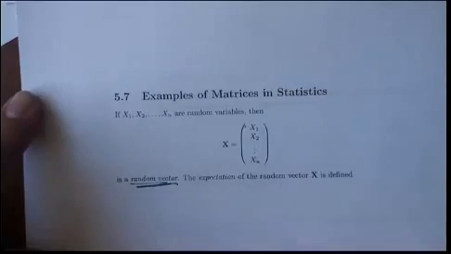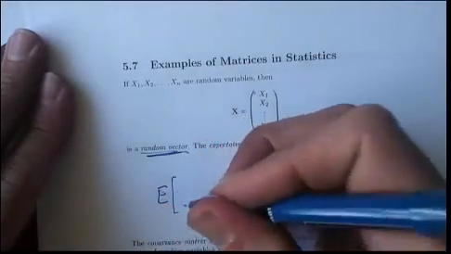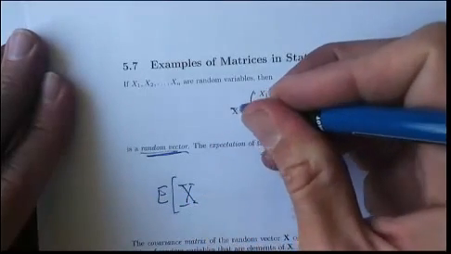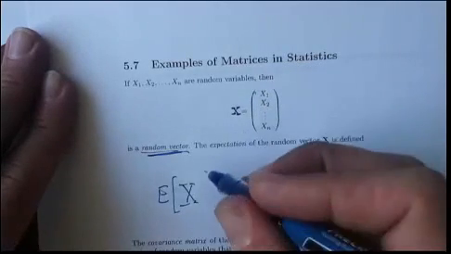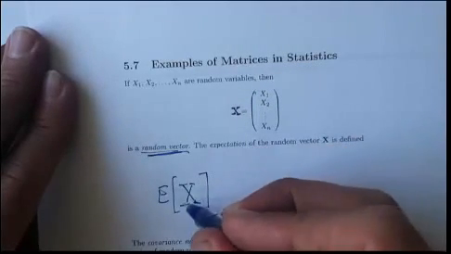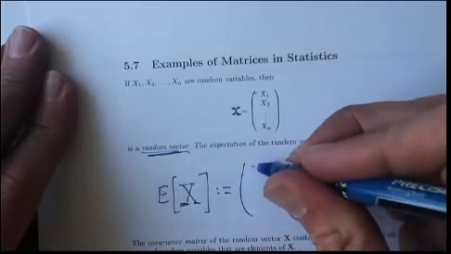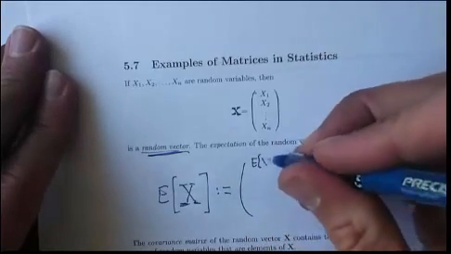It's a random vector. The expectation of this random vector, and I'll put little doodads on the x's there to indicate that it is in fact a random vector, is just defined probably the way that you'd think. It's the vector of expected values.